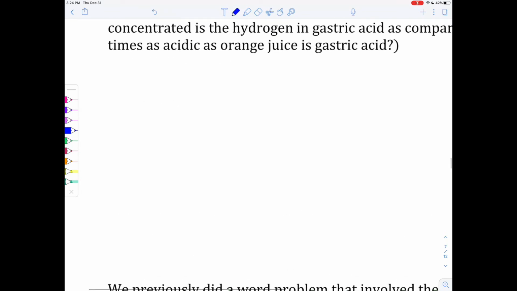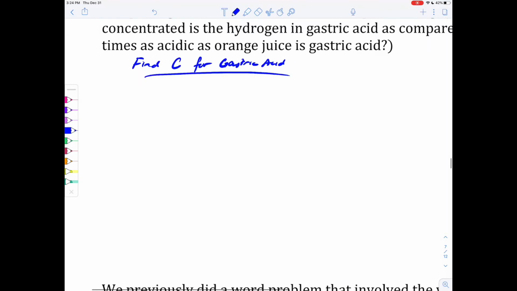So first thing is we need to find the concentration of hydrogen ions for the gastric acid. It's your stomach acid. That's what that is. So pH is negative log C. pH of gastric acid is 2.